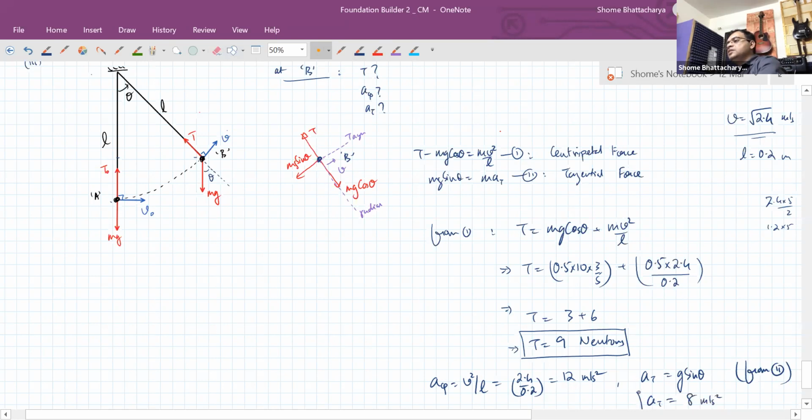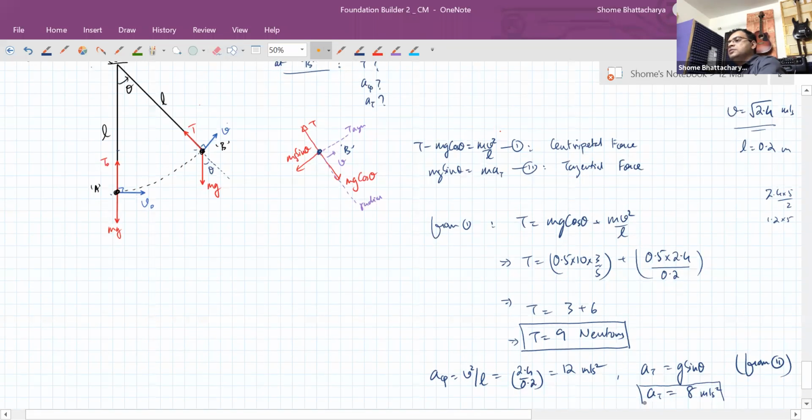But just keep in mind that this is a tangential deceleration. It's minus dv by dt.